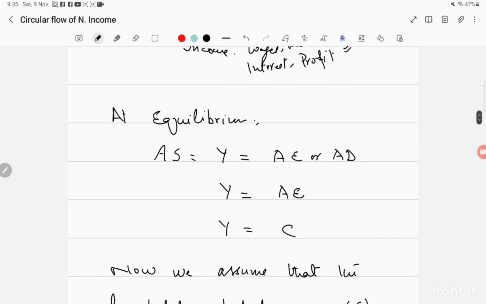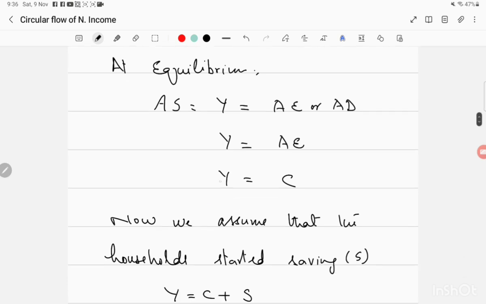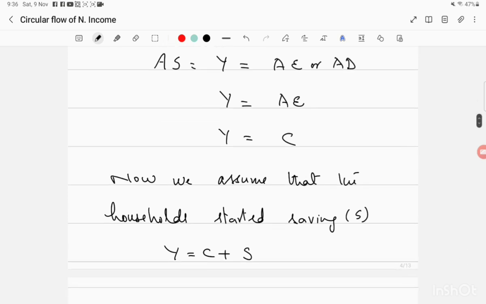AE represents aggregate expenditures and AD represents aggregate demand. So at equilibrium, we see income is equal to aggregate expenditure. All right. So when income equals to consumption, that means whatever is earned by the household, that is spent in the form of consumption. So income and expenditure and output method, all they are giving us the same value of national income.